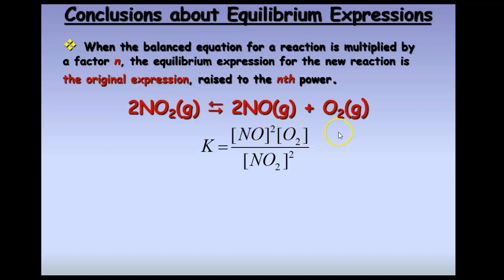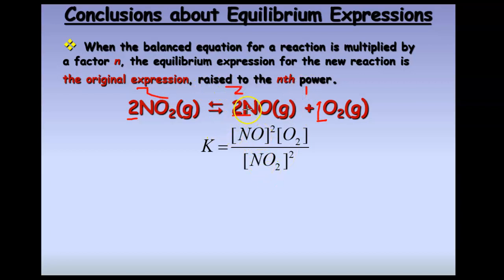Now, this is just the same thing as we just explained. When the balanced equation for a reaction is multiplied by a factor of n, the equilibrium expression for the new reaction is the original expression raised to the nth power. The nth power is the coefficient that you have. Remember, we did the mole ratio, 2 to 2 to 1.